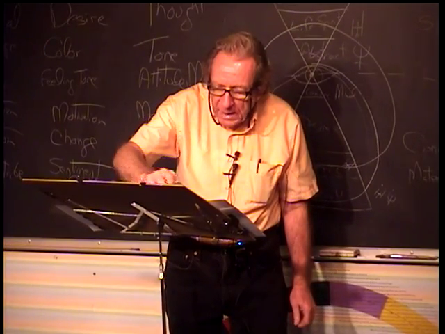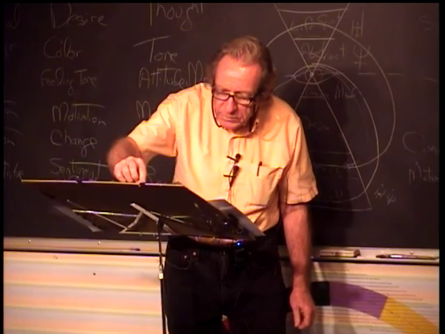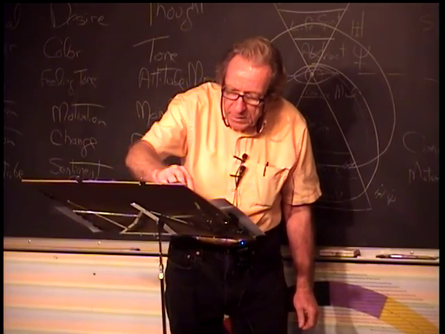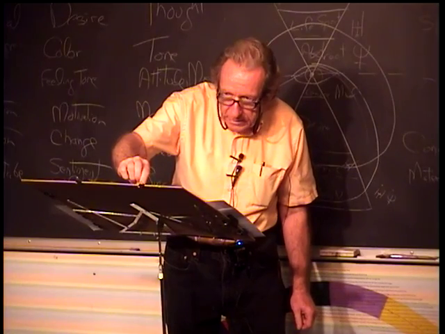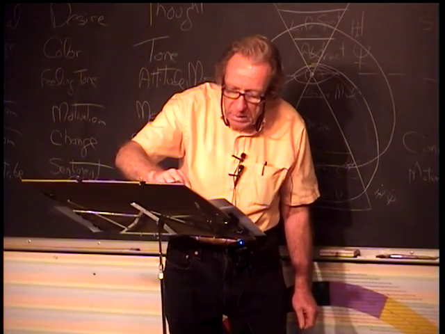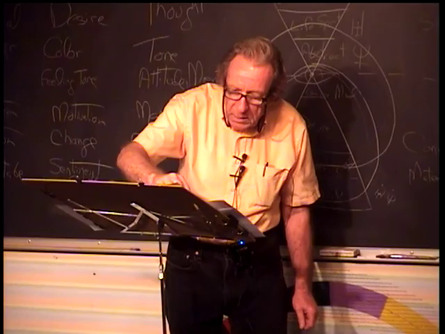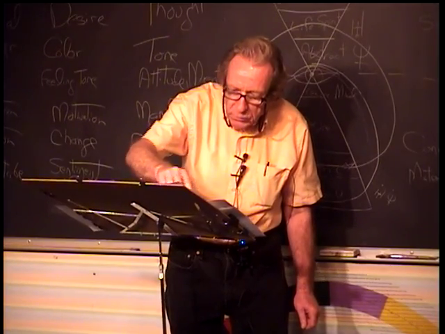And the angle of the opposition to the Pluto trine Saturn at the end of that line is a 30-degree angle, whereas there's a 60-degree angle between the line of Saturn and Jupiter.